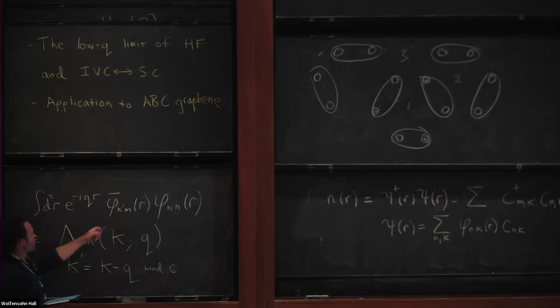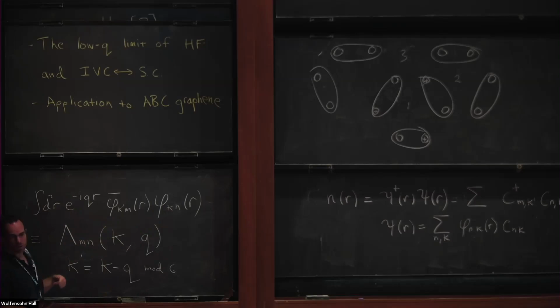You can think of it as depending on K and K prime, but actually K prime is forced to be equal to K minus Q modulo G. The K and K prime live in your little Brillouin zone. So this matrix element I can think of as a function of the two band indices, the momentum of the state you start with, and the momentum transfer, with K prime determined through this.